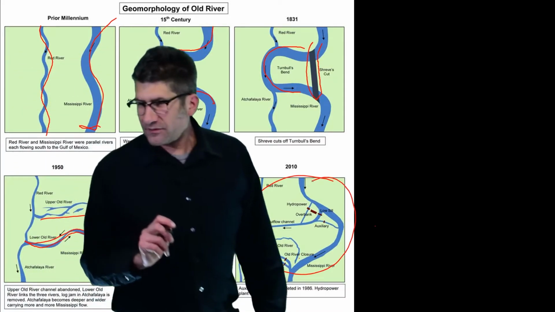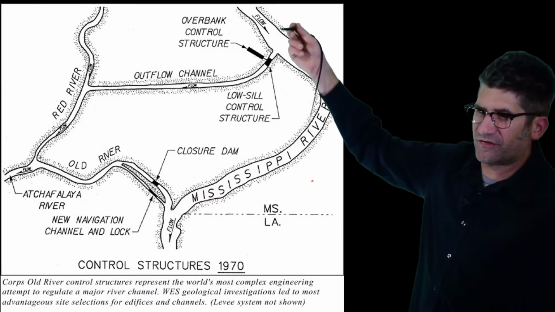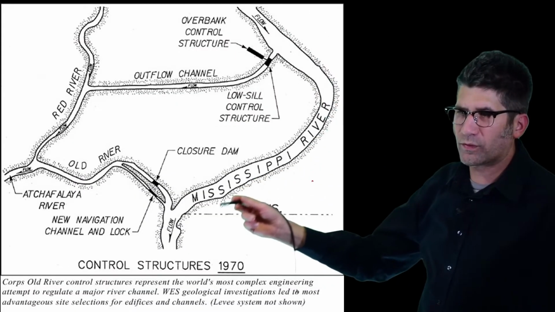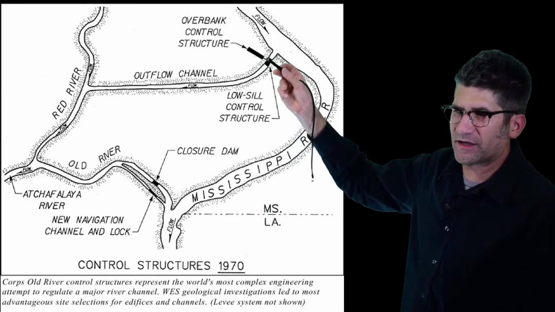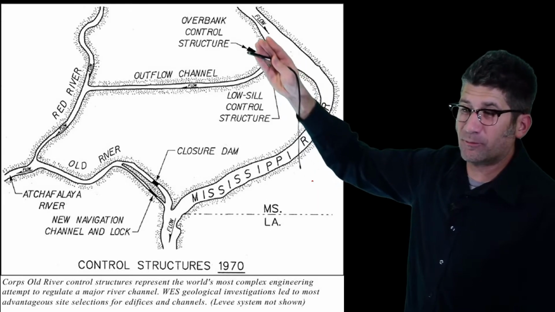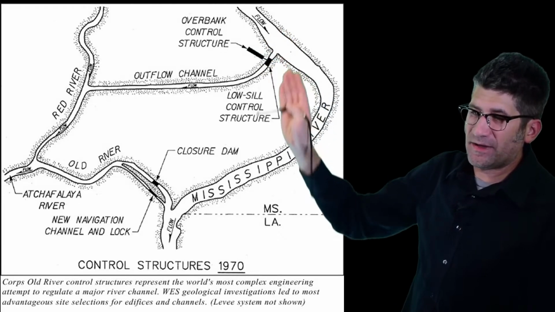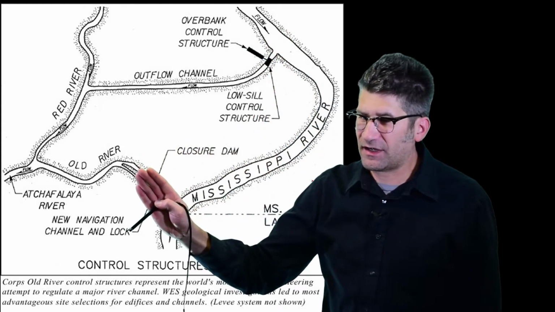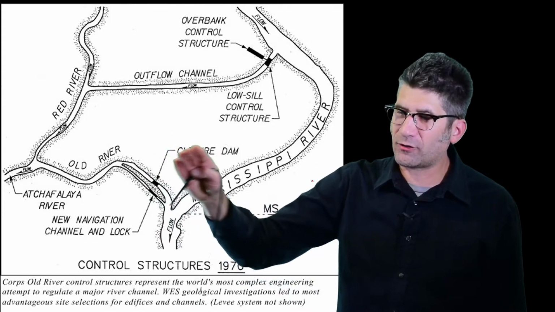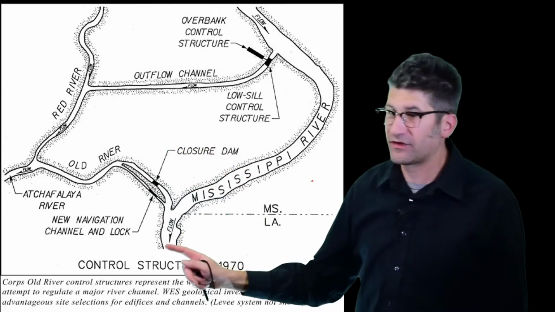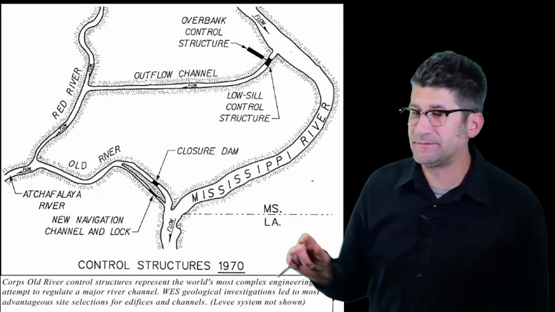So let's look through a couple more diagrams of this here. So here's the Mississippi River coming down. There it goes. And then we have the Upper Old River here, and we've got an overbank control structure that allows us to block the water from going into the old channel. Then we have down here on this side, a series of navigation locks that we can control water going in and out, but we can still move boats down the old river and into the Atchafalaya.